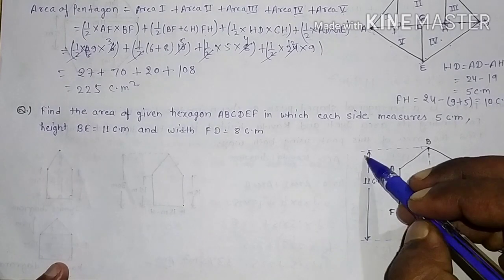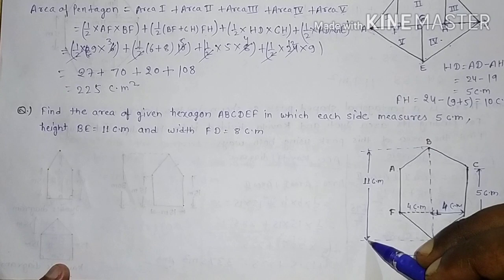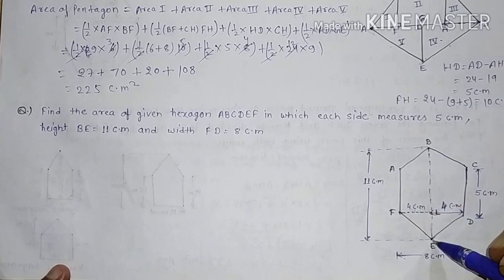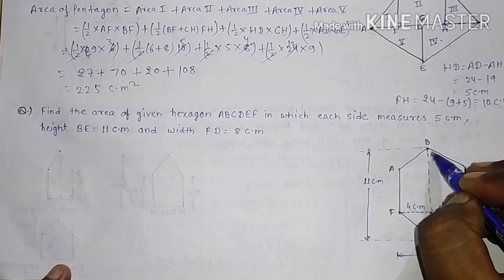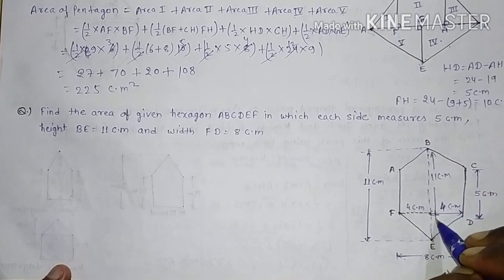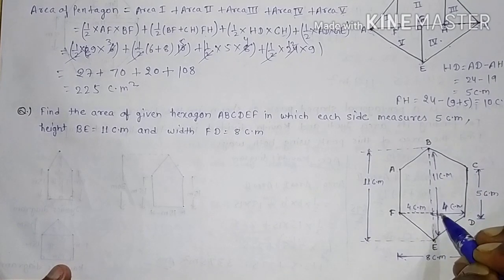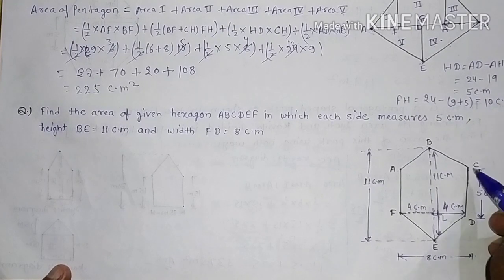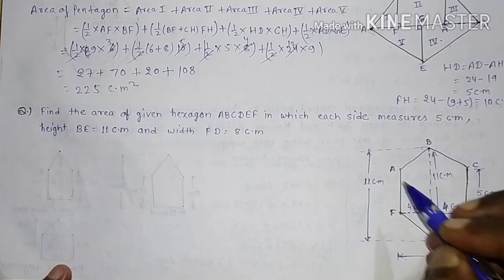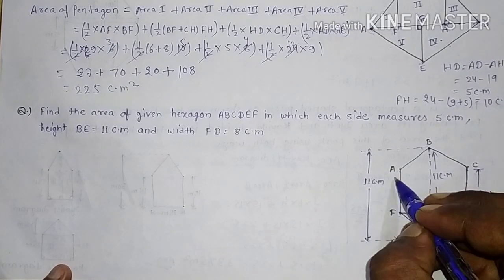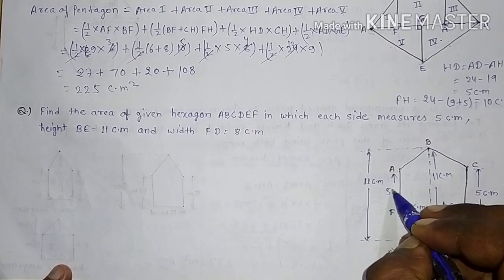Now simply, this length is given 11 centimeter, so BE is also 11 centimeter. Okay students, this is point L. CD is 5 centimeter, so AF is equal to CD as shown in the figure, so this will also be 5 centimeter.